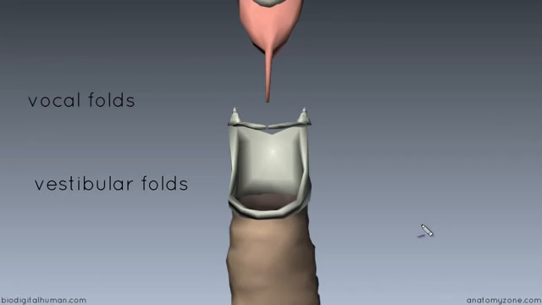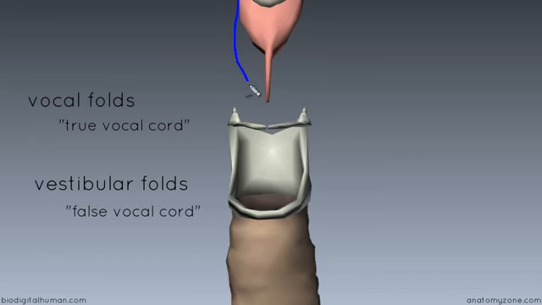So the fold of mucosa that wraps around the vestibular ligament is called the vestibular fold, and this is the false vocal cord. And the fold of mucosa which wraps around the vocal ligament is called the vocal fold, and this is the true vocal cord.